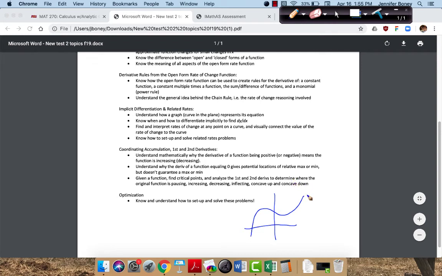Or what if this is a rate function? If this is a rate function, is its associated accumulation function increasing or decreasing? Is this rate function's rate of change positive or negative, or increasing or decreasing?